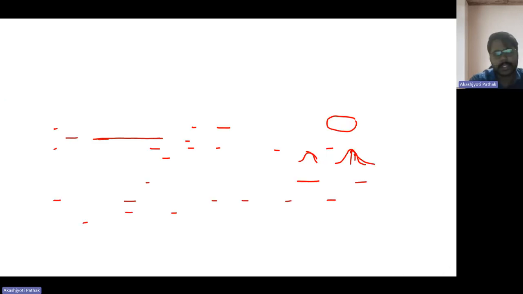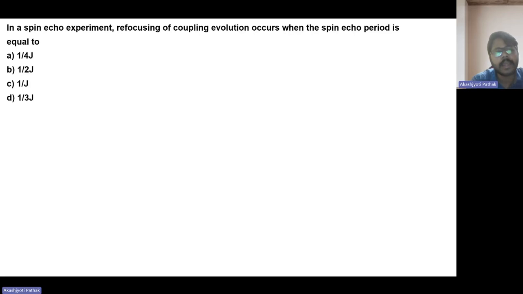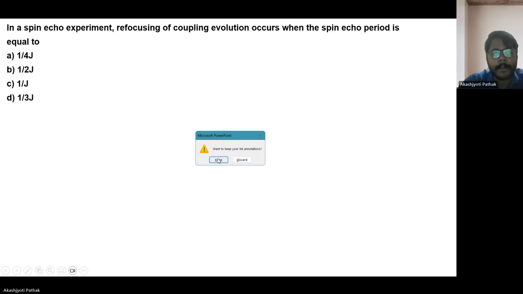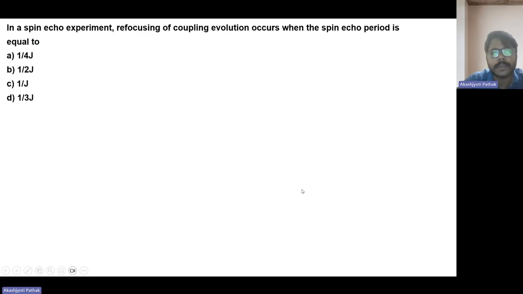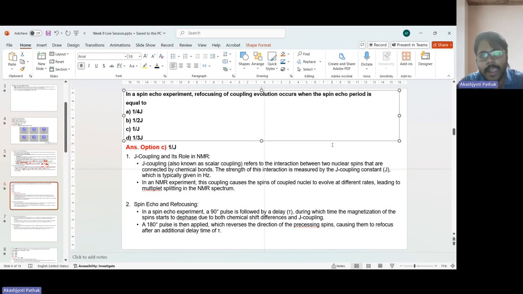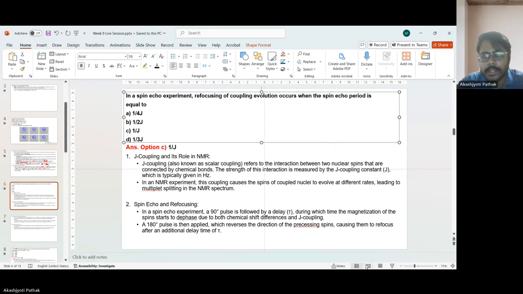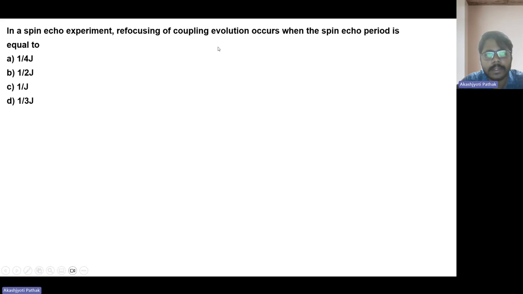So the next question is this. In a spin-echo experiment, refocusing of coupling evolution occurs when the spin-echo period is equal to... Let me shift this a bit, because the writing is getting occluded by the screen sharing notification I'm getting at the top.